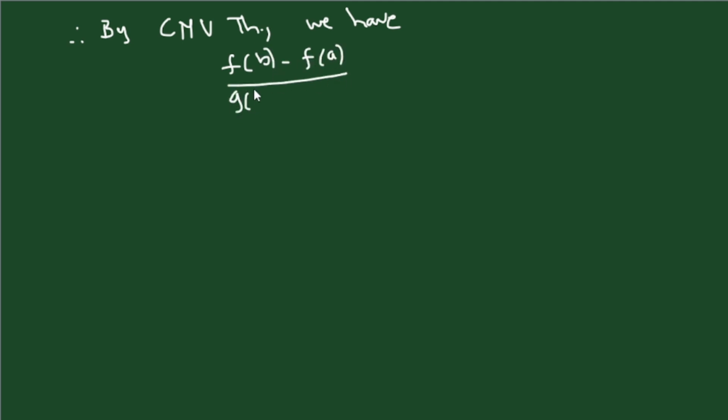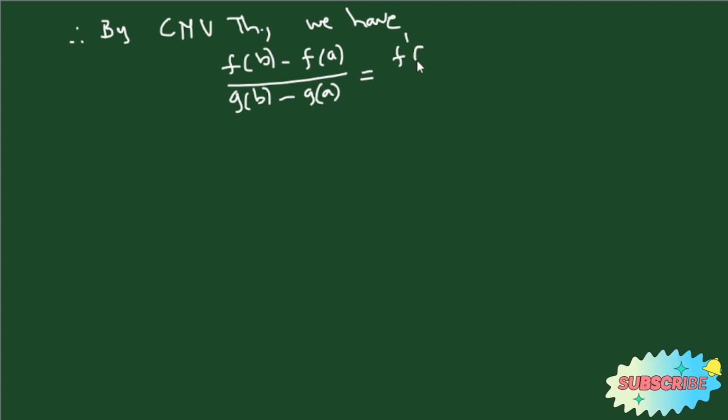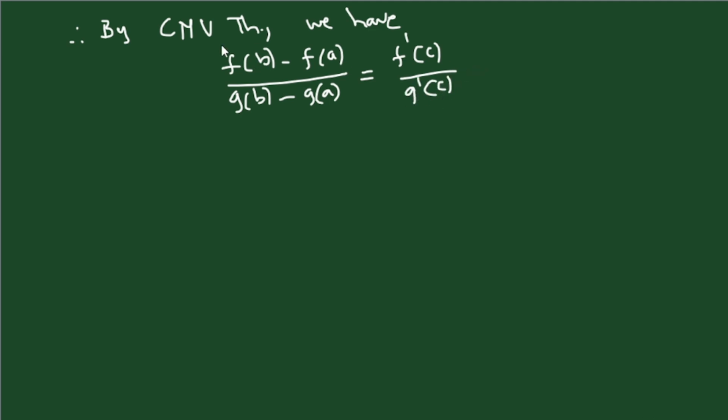So therefore, by Cauchy mean value theorem, we have (f(b) minus f(a)) by (g(b) minus g(a)) equal to f'(c) by g'(c), for some c. That means by Cauchy mean value theorem, there exists a c in between a and b such that this happens.